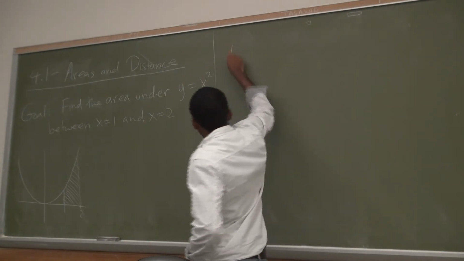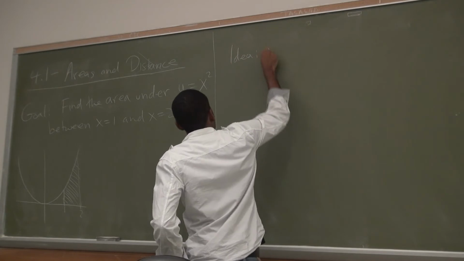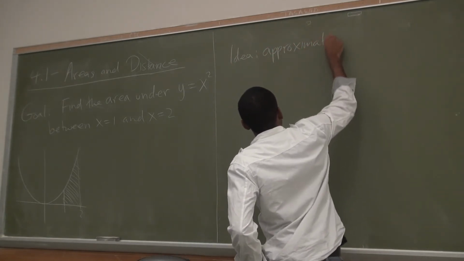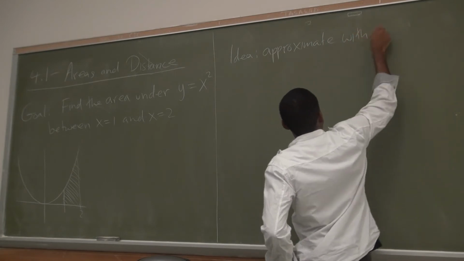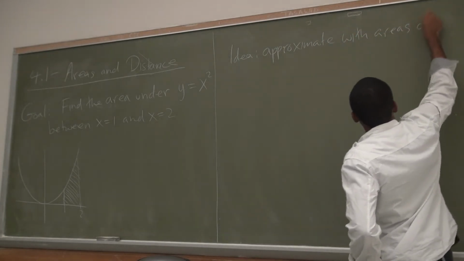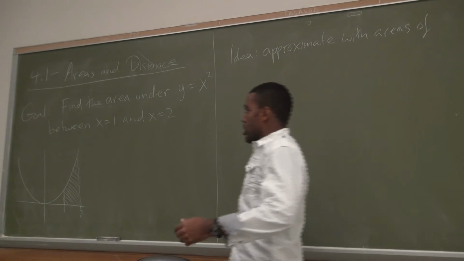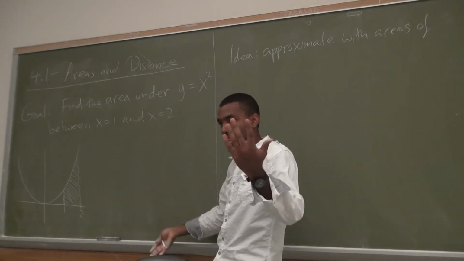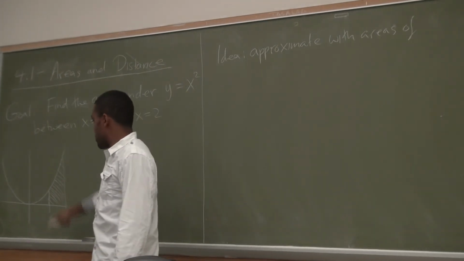So the idea approximates with areas of. What are some things that I know to find areas of? Well, triangles, circles, rectangles, and all that, right? Which one of those would fit with this?